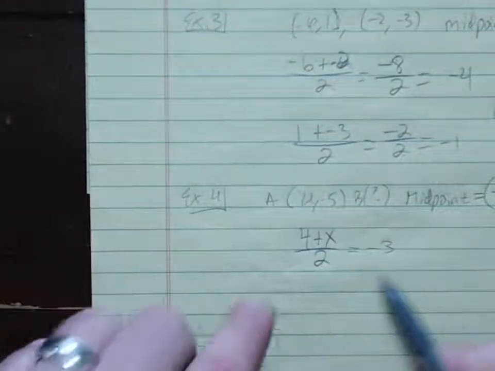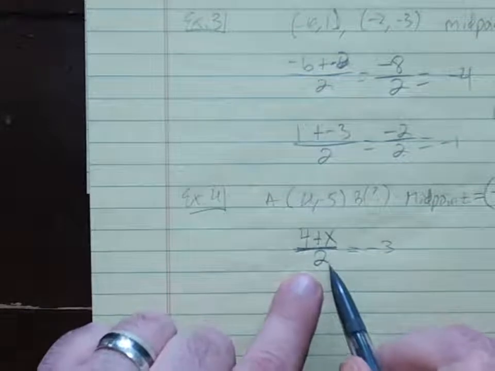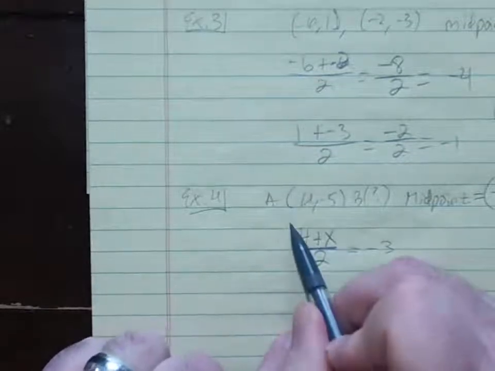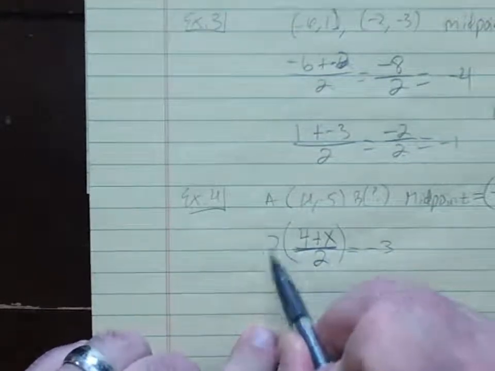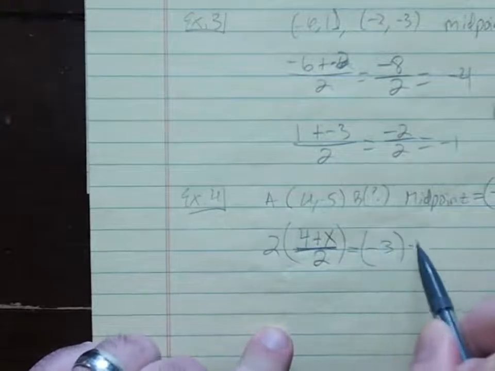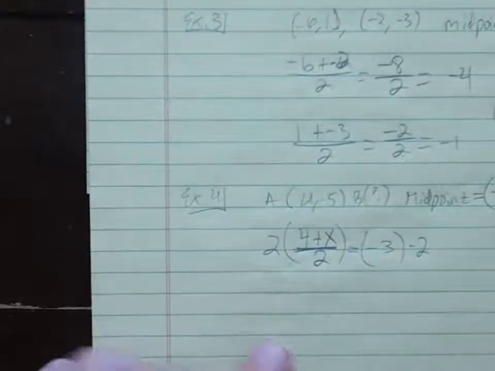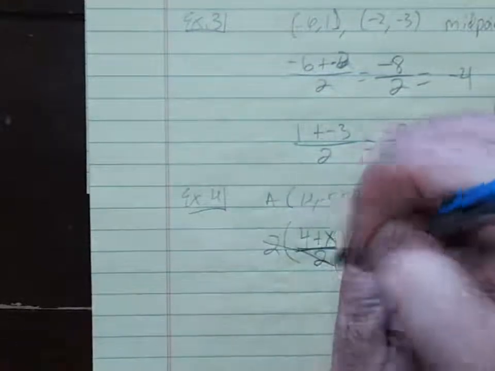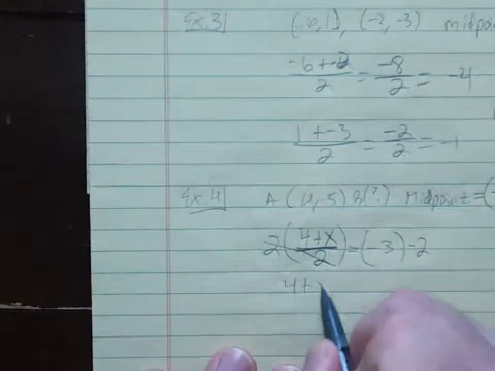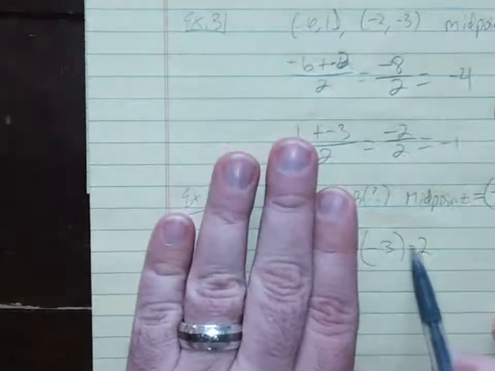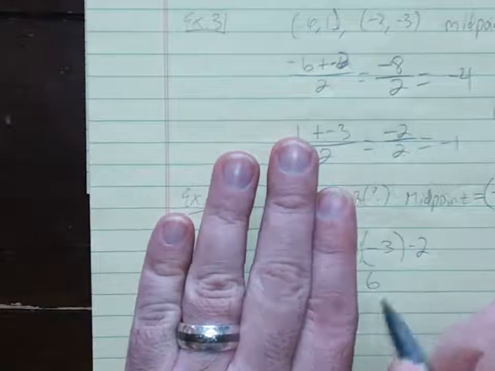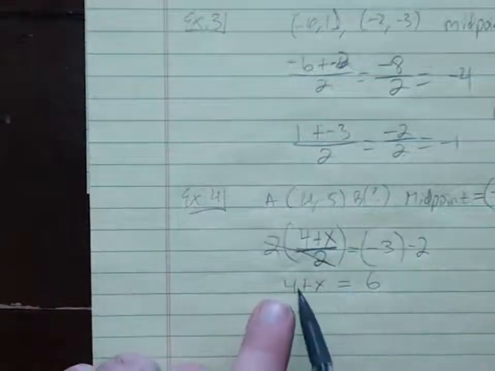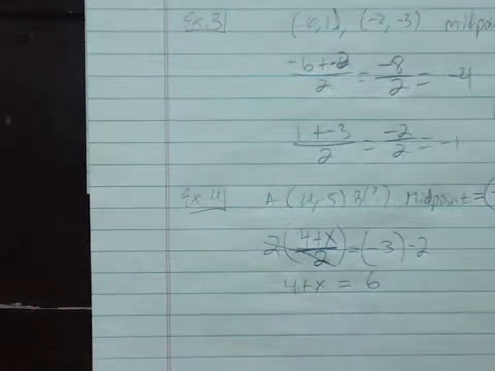So let's work it backwards. First thing we need to do is undo division by 2. Well, the opposite of division is multiplication. So I'm going to multiply both sides by negative 2. On the left side, these just cancel and leave me with 4 plus x. On the right side, negative 3 times negative 2 is positive 6. So now I have 4 plus x equals 6.